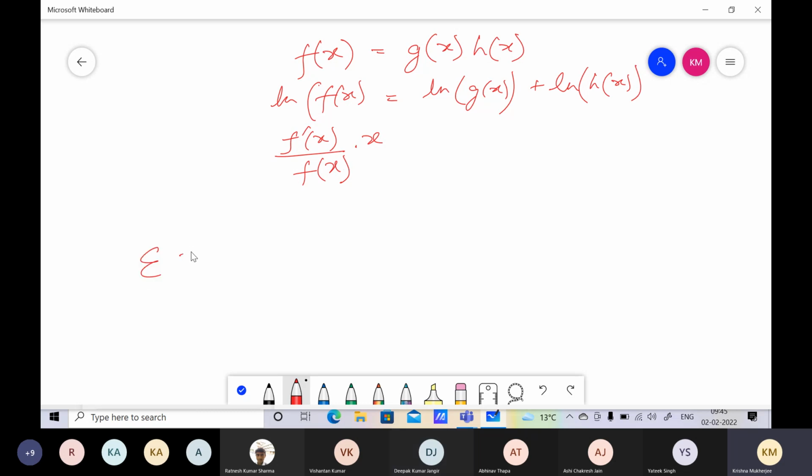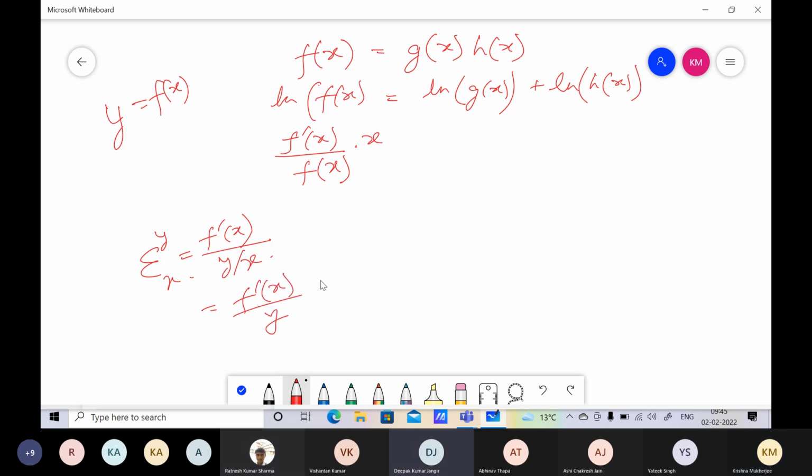Because what is our definition of e? It is f prime(x) times x upon f(x). See, y is equal to f(x), right? Am I going too fast? So y with respect to x, so this is f prime(x) upon y by x, which is nothing but f prime(x) upon y into x, the same thing, into x.